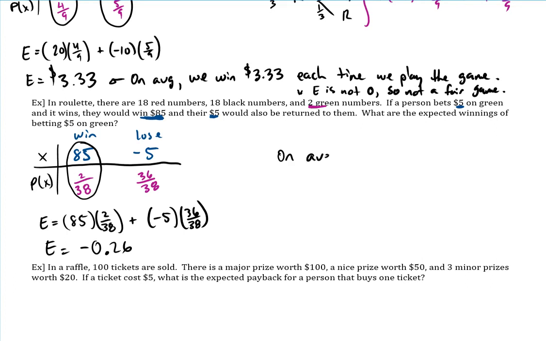So on average, we lose. I'm writing the word lose for negative. Okay, so we lose 26 cents each time we bet on green.